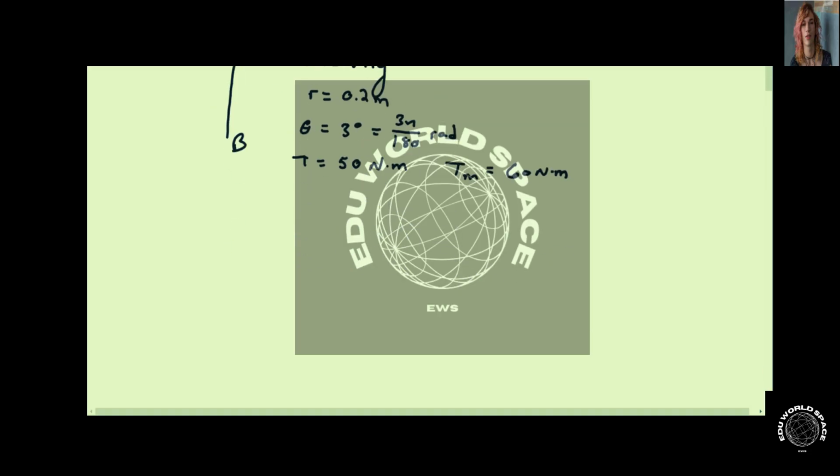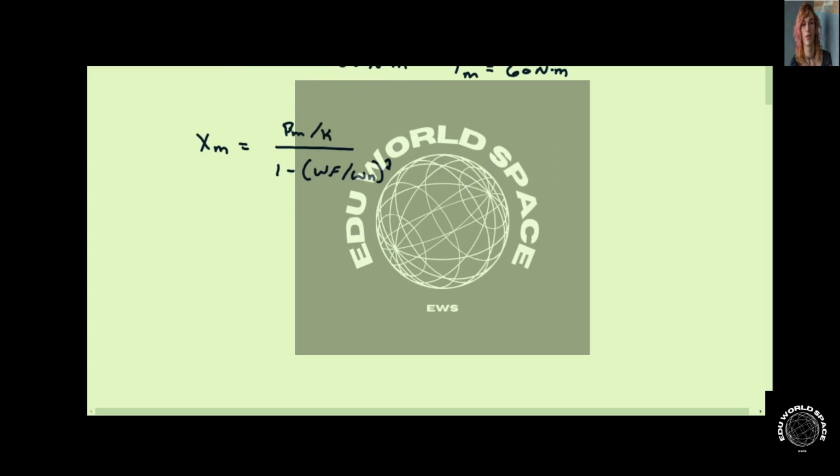Okay, so like I said, we're going to find the amplitude of forced vibration equation. So we have that, which is theta m equals Tm over 1 minus (f squared over n squared), and we have theta for the angle.